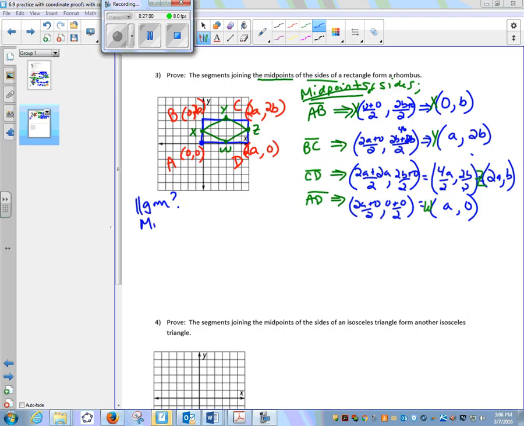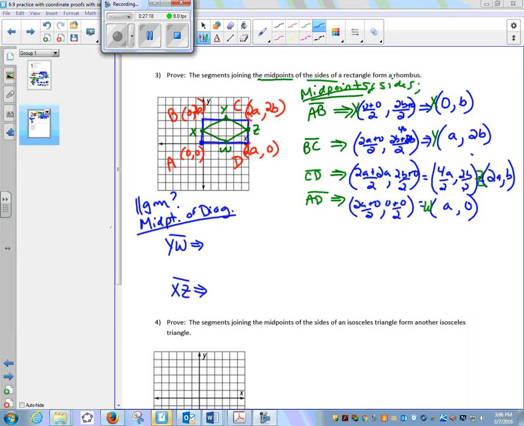Midpoint formula on the diagonals to show that they bisect each other, to show that they have the same midpoint. So we would do the midpoint of YW and the midpoint of XZ.